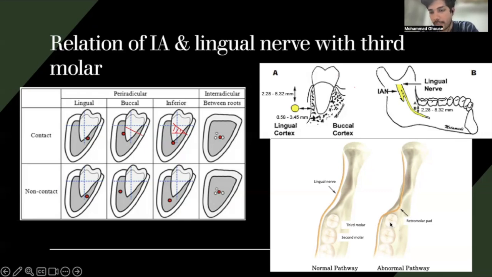The significance of this is sometimes there's an abnormal pathway for the lingual nerve, that is it is exactly present on the retromolar pad. And for the distal release incision, instead of carrying it laterally over the external oblique ridge, if we carry it straight, there's a high chance that we might transect the lingual nerve. So these are the few points which we need to keep in mind.